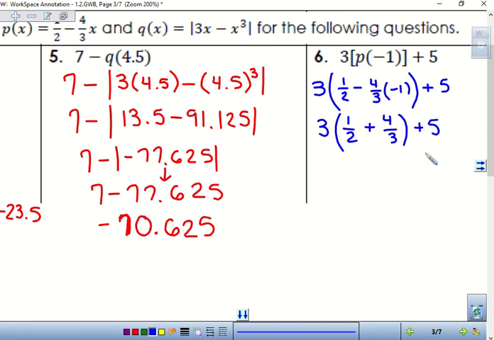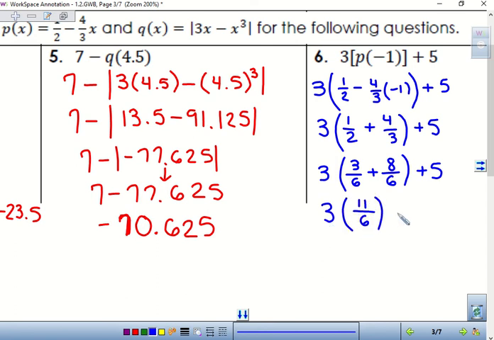Now, when we go about adding these, we have to find a common denominator, which is 6. So isn't 1 half the same thing as 3 over 6? And isn't 4 thirds the same thing as 8 over 6? The purpose of me doing that is so now we have the same denominator. So that's going to be 3 times 11 over 6 plus 5.